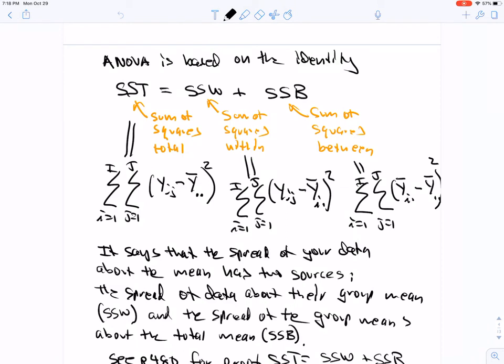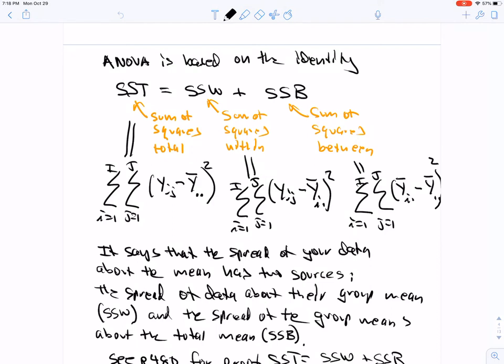The sum of squares within is sort of the intra-group differences. So you're taking Yij minus the row means, squared.